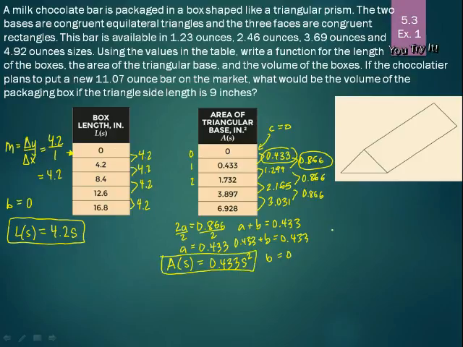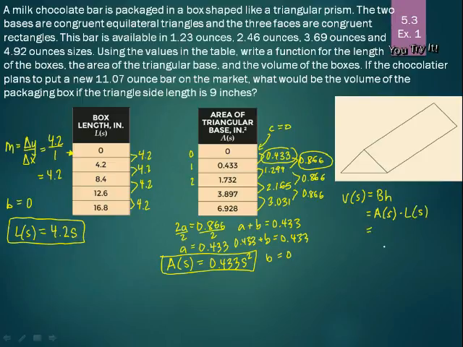And then our last function, we need to find the volume, and that is going to be V of s. The volume formula is the area of the base times the height, which is basically the length of the box. So it's going to be equal to the area of the base, A of s, times the length of the box, which is the same thing in the formula as the height, since it's the height of that prism.